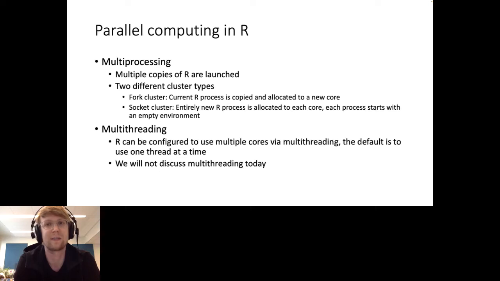These fork clusters are limited to POSIX systems such as Linux and macOS, whereas these socket clusters are also supported by Windows. But of course, in the CSC environment, it is run on Linux, so we don't have to pay attention to Windows compatibility in this case. But of course, it's nice to do that in general.